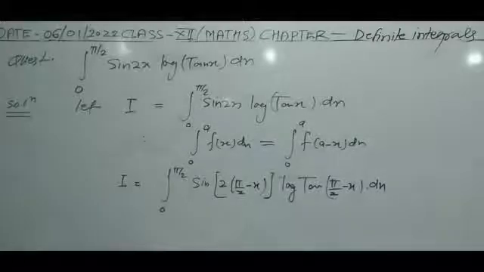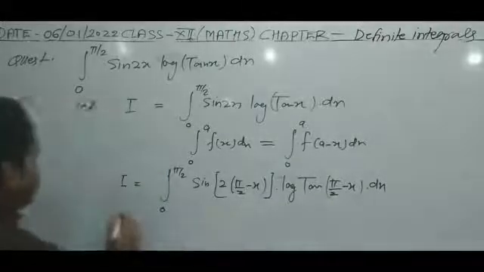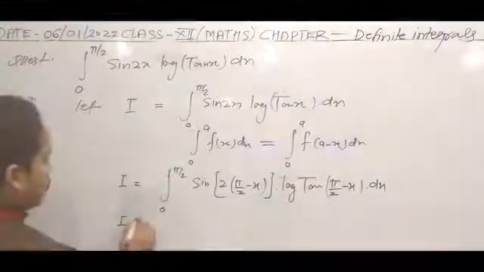Now what can we write? This result will be pi minus 2x. So sine of pi minus 2x means sine of 180 minus theta, the result will be sine 2x.